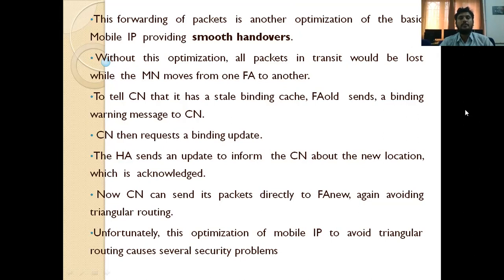So the home agent sends an update to inform the correspondent node about the new location, which is acknowledged. Now the correspondent node can send its packets directly to the new FA, again avoiding triangular routing. Unfortunately, this optimization of mobile IP to avoid triangular routing causes several security problems.